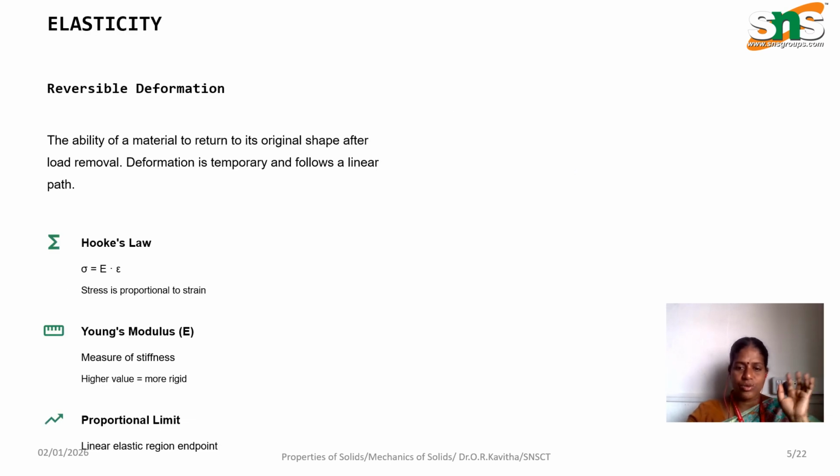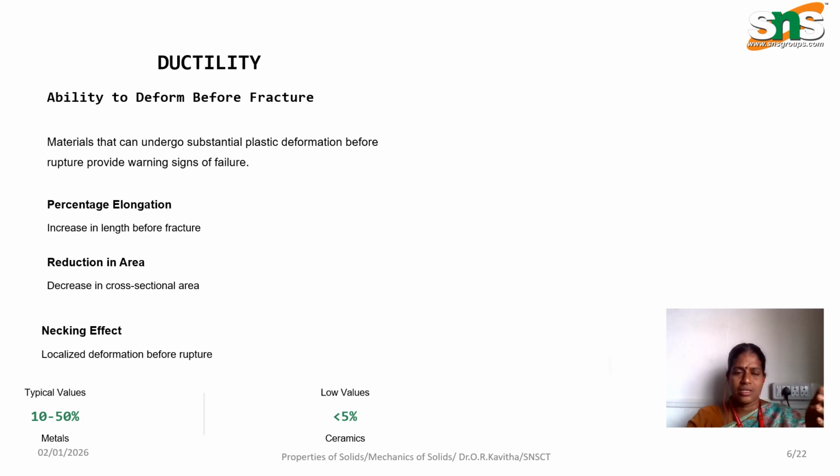Next we will see elasticity. It is the ability of the material to retain its original shape even after removing the load; beyond that, permanent deformation will occur. Ductility is a very interesting property: the material undergoes substantial plastic deformation before the rupture, which provides a warning sign of the failure.